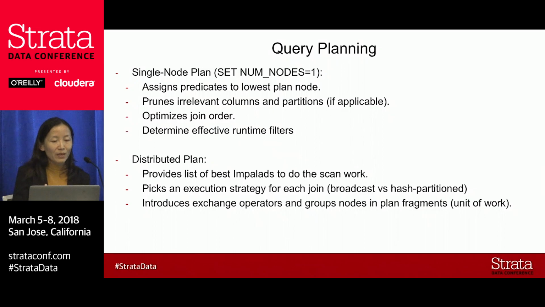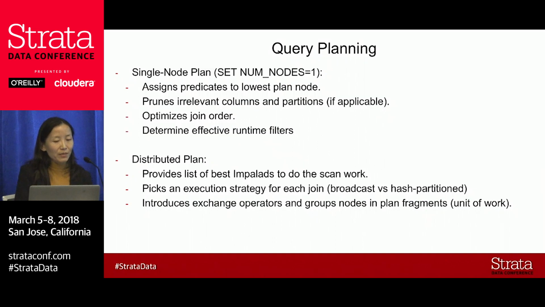At this single node plan layer, we try to push the predicates down to the lowest operator, and see if any columns are not needed. If a column is not filtered by it, not projected, and not joined by it, then we don't need to read it at all, especially if you use Parquet, where we can just skip the whole column.